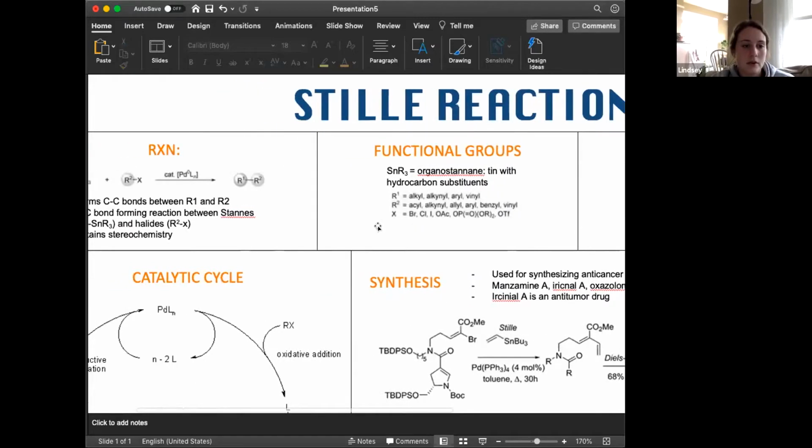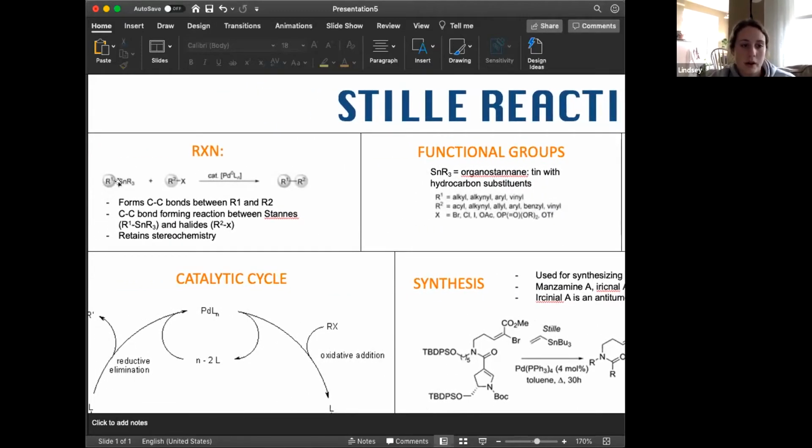So you can see R1, which is bound to the SnR3, is either an alkyl, alkenyl, aryl, or vinyl. R2 is acyl, alkenyl, allyl, aryl, benzyl, or vinyl. And then X is halides, except they said that chlorides don't really work that well, so they generally don't use those.